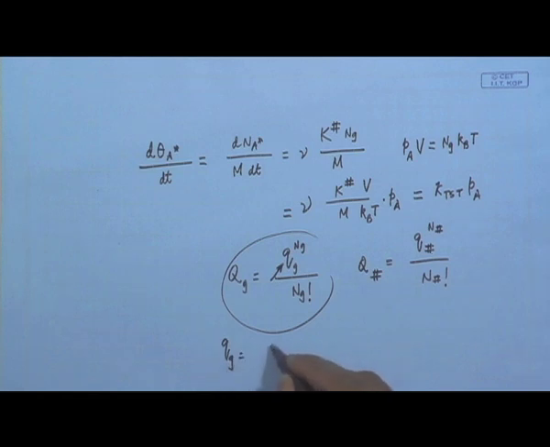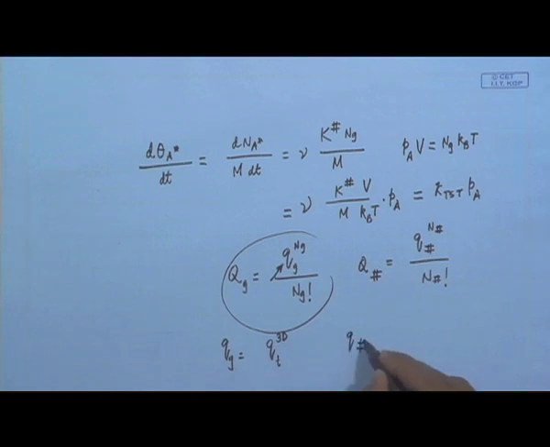And for this, q_g is equal to q translation, because it is a gas phase case. These gas molecules are not adsorbed, so they have the option to move around in three dimensional space. So it will have only translational degrees of freedom, q_t to the power of 3D.